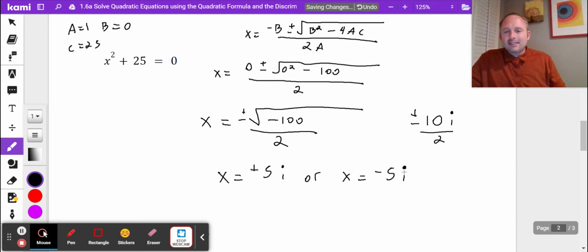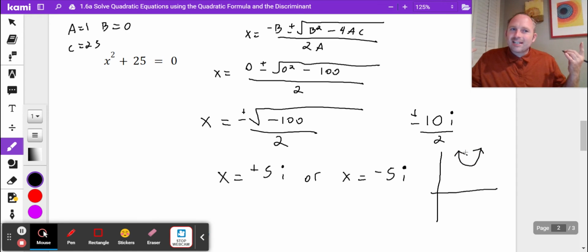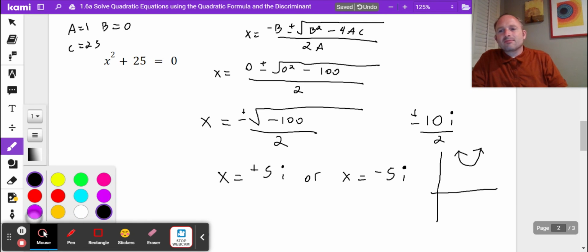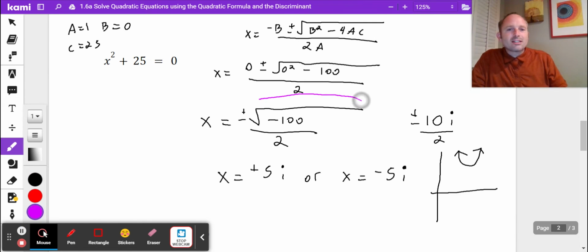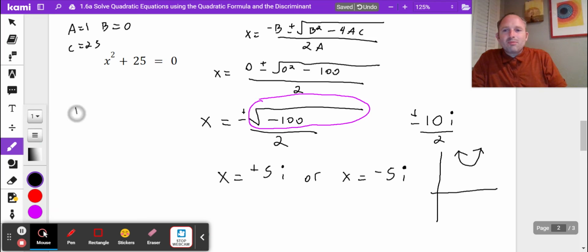So in this instance, we have two imaginary solutions right here because the graph's not going to connect. And why is that? If we look right here at our discriminant, the expression underneath, this b squared minus 4ac is actually going to be smaller than 0.